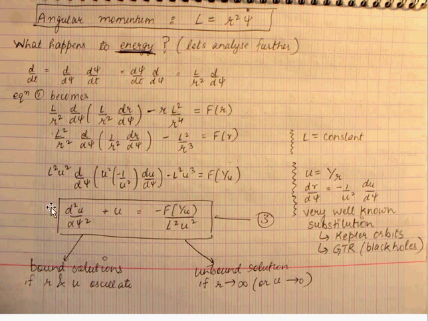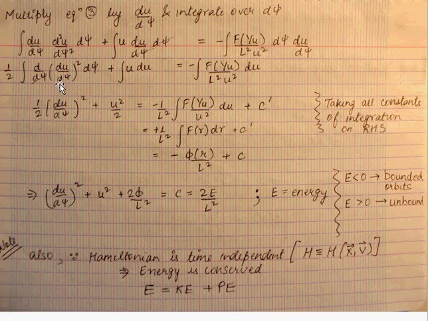You can note down this equation and try to do this integration yourself. I'm multiplying by du/dψ in this entire equation, here, here, and here, and then integrating over dψ. So this is what the equation would end up looking like.